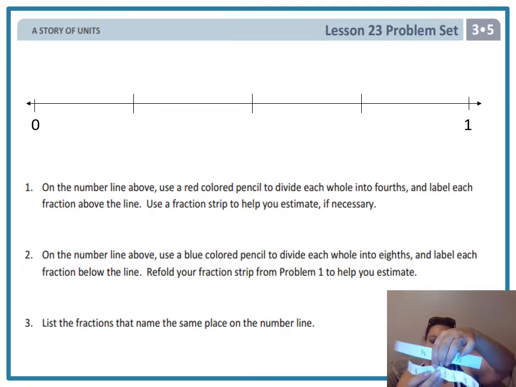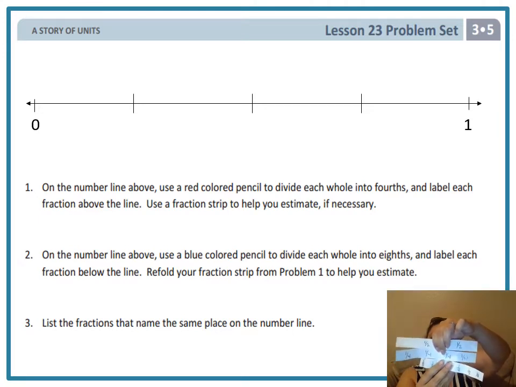And we see by our fraction strips that it takes 1, 2, 3, 4/8 to equal 1/2. And if we want to put all 3 of those together, we see that 1/2 is equal to 2/4, which is also equal to 4/8.